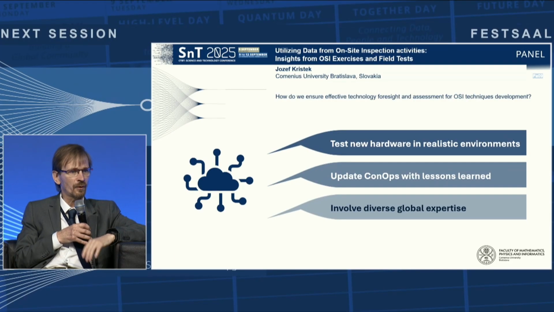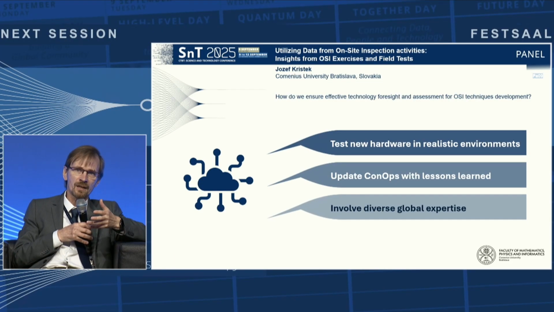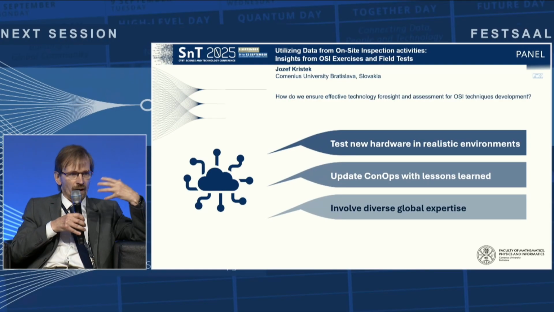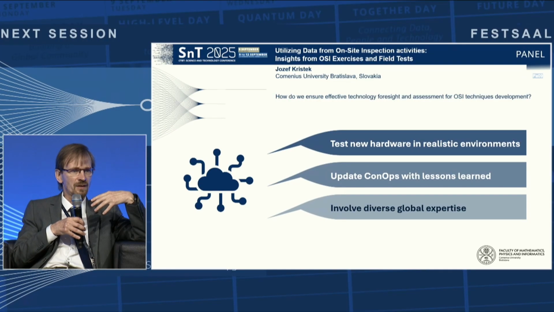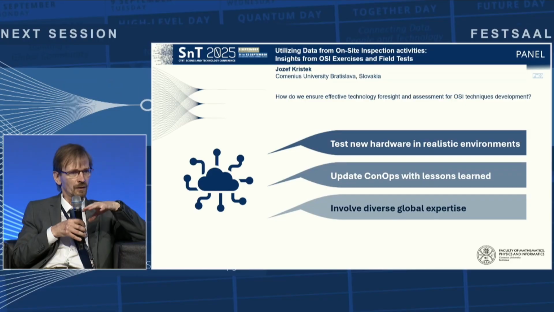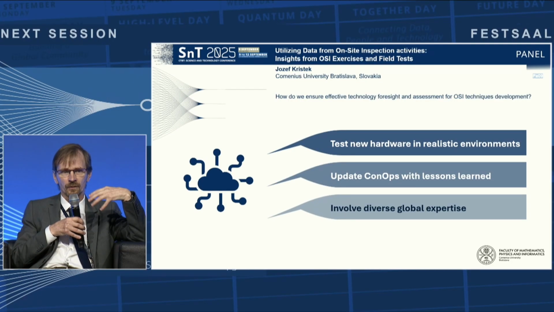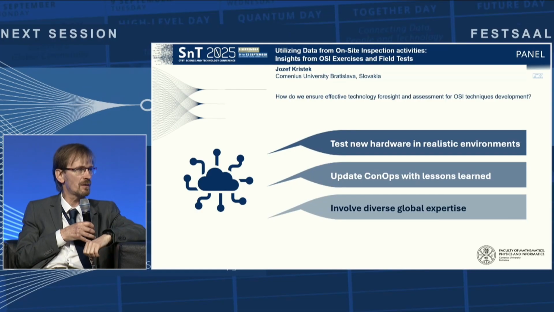This is really important. And the last, what was already said here, is that we have to involve more expertise, not only from different fields, but also different regions, in order not to miss something. So this is important to foresee.